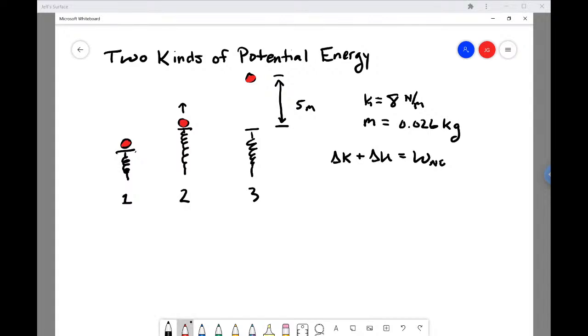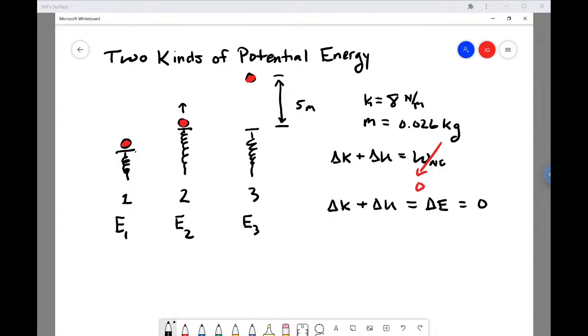If we do that, this term is 0, and what we have is the change in kinetic plus the change in potential, which can be thought of as the change in mechanical energy, E, is equal to 0. Another way to think about that is if delta E is equal to 0, the mechanical energy the system has at moment 1 will be equal to the mechanical energy at moment 2, and those are both equal to the mechanical energy at moment 3.